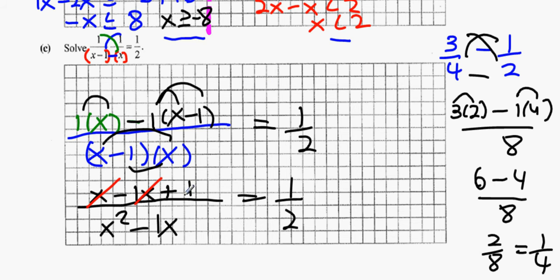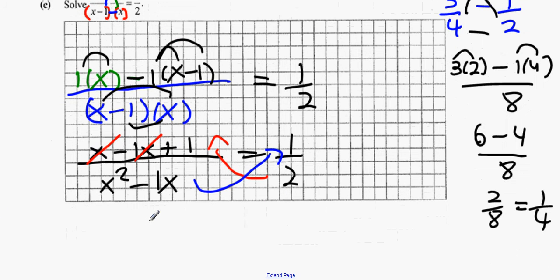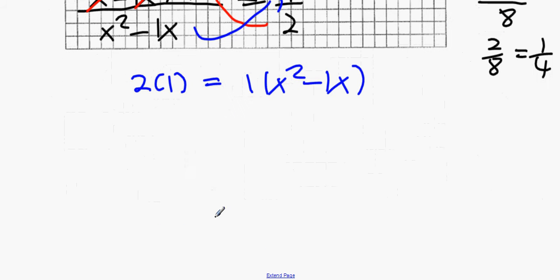So we're left with 1 over x squared minus 1x equals a half. Now we're going to cross multiply. The 2 goes up to the 1, and the x squared minus 1x goes up to the other one. So we get 2 times 1 equals 1 into x squared minus 1x. That gets us 2 equals x squared minus 1x.